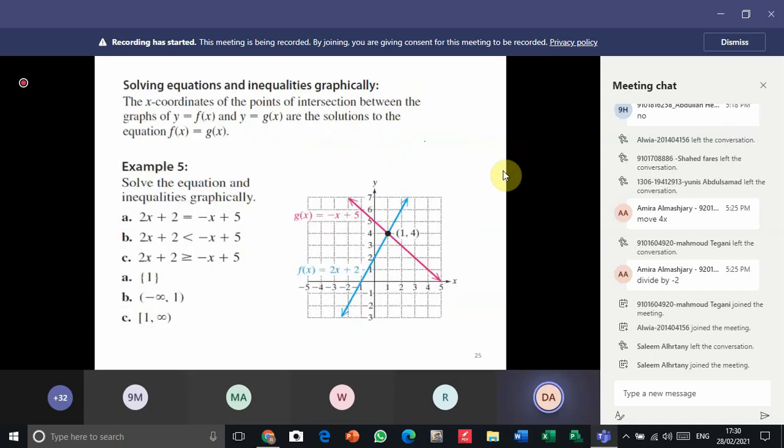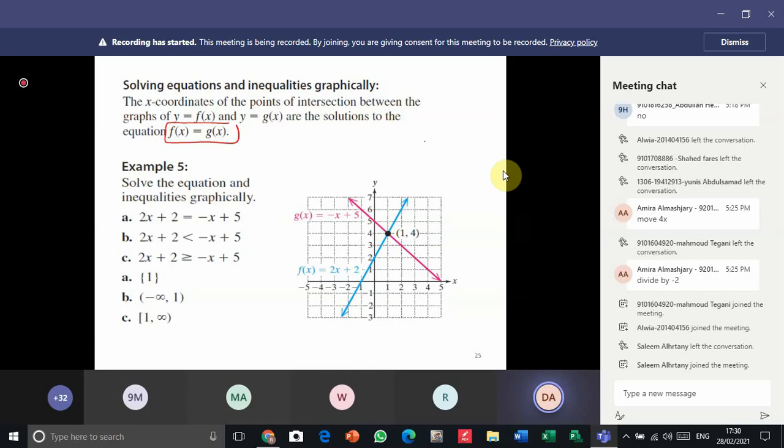Solving equations and inequalities graphically. Look at this. We have the x coordinate of the point of intersection between two lines. So we have f of x and g of x, two lines, and we have an intersection. To find the intersection point, put f equal g, or any line equal to another line.